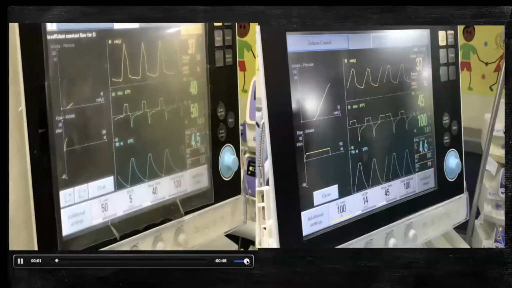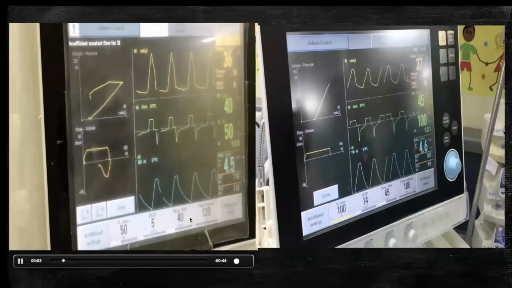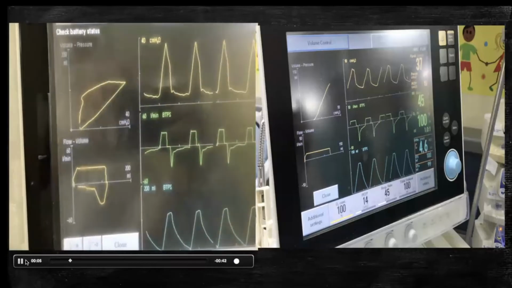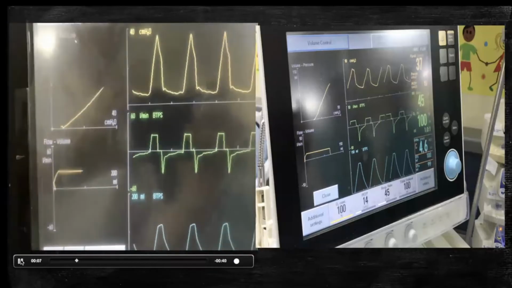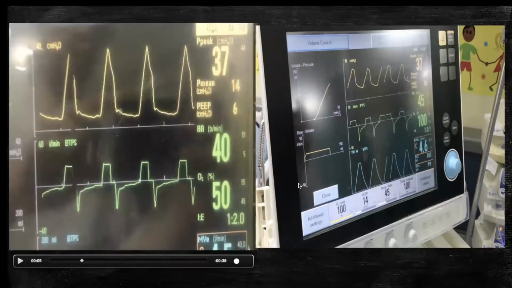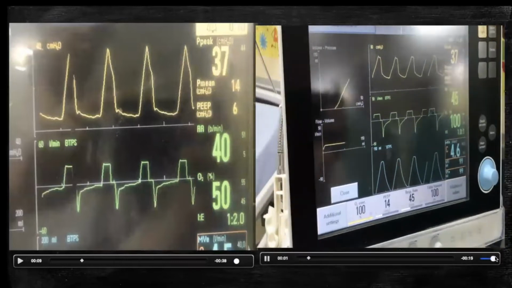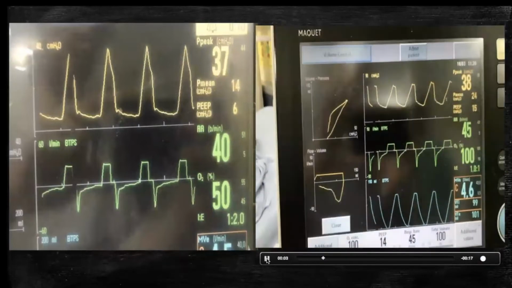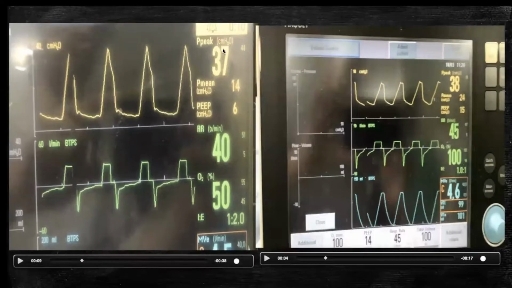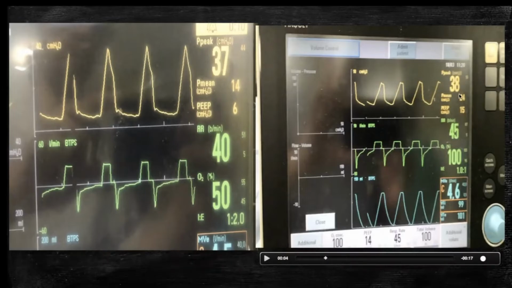So if you look at an actual patient, we can compare in this video. Here we have a peak pressure of 37, and on the right side also we have a comparatively same peak pressure of 37, 38.